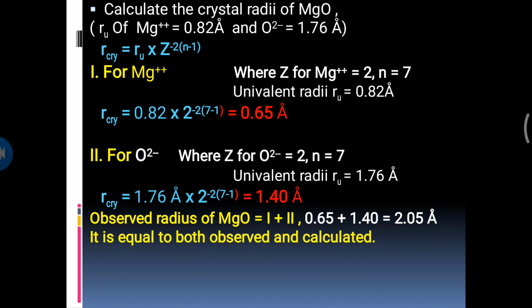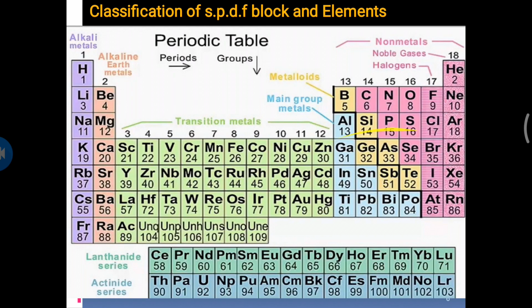First, for calculating the crystal radii of magnesium by converting univalent radii, Z is 2 because there is a 2 positive charge on magnesium. What is the n value of magnesium? Magnesium belongs to the alkaline earth metals, a second group element in the third period.